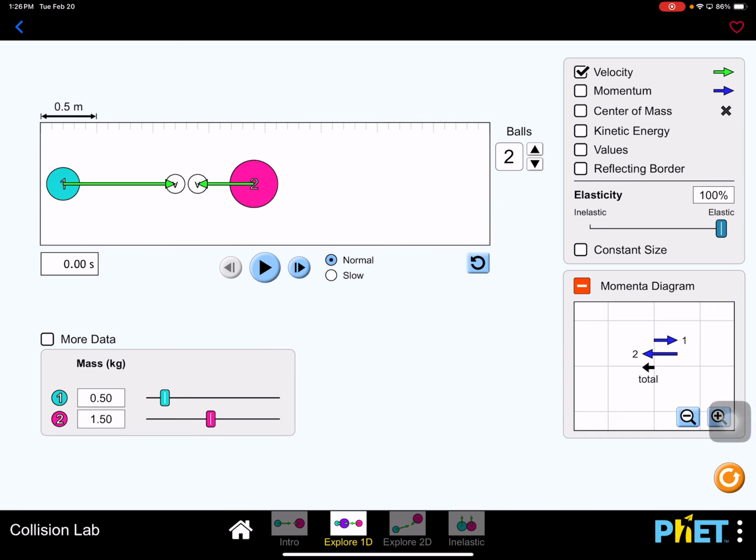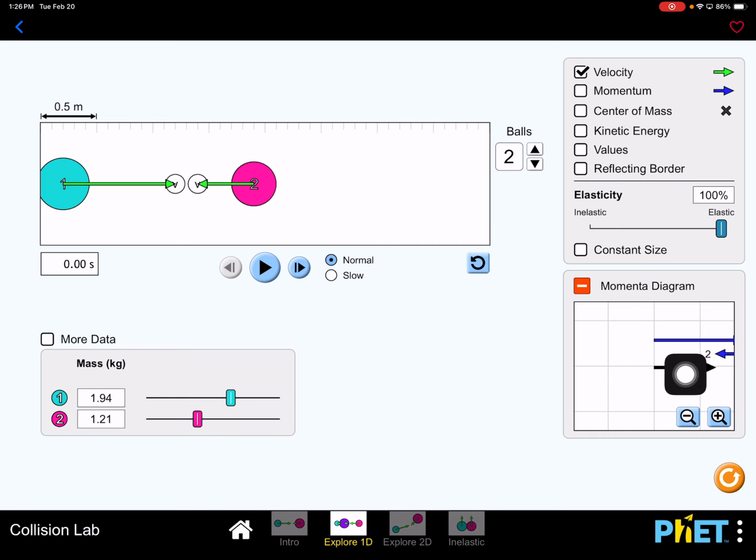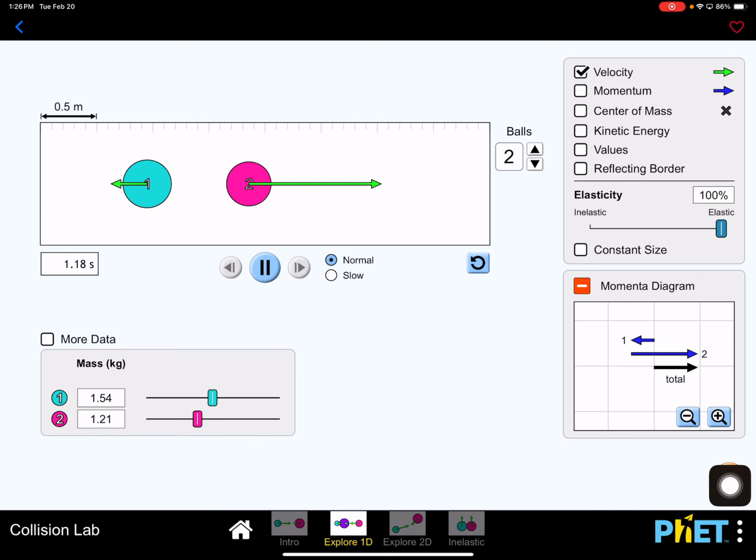I can change the mass to whatever I want. There's the total momentum, and watch the total momentum. The total momentum remains constant.